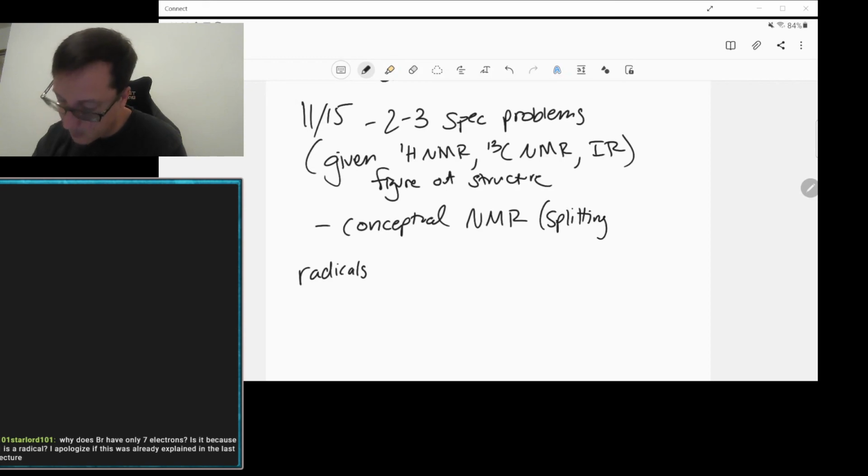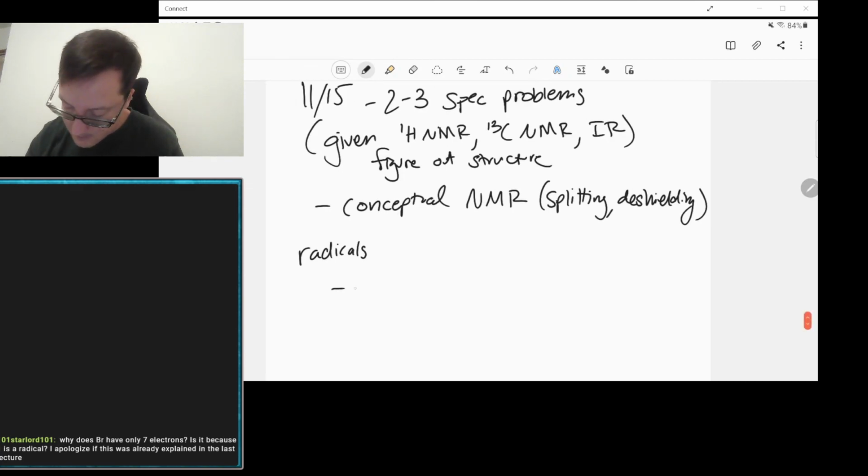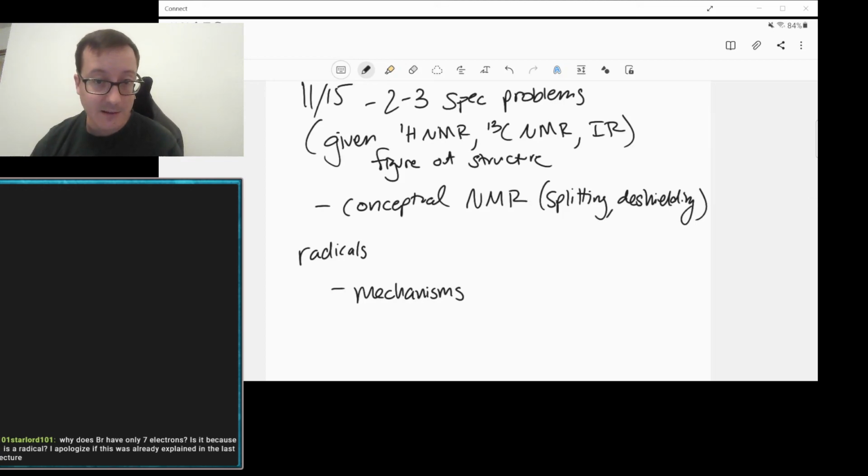With radicals, what we're looking at, we have mechanisms. So just like with our last exam, we had that E1 reaction. We did a mechanism for, and we showed some carbocation rearrangements. So we can have some mechanisms there for radicals.